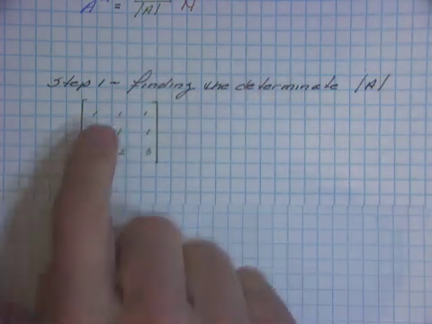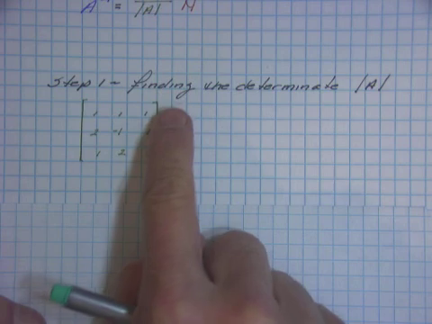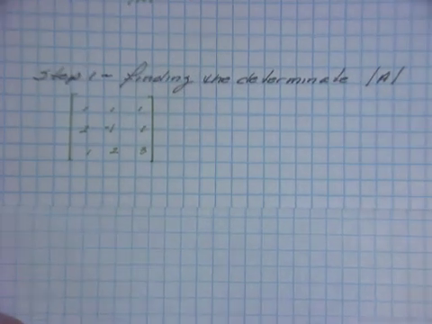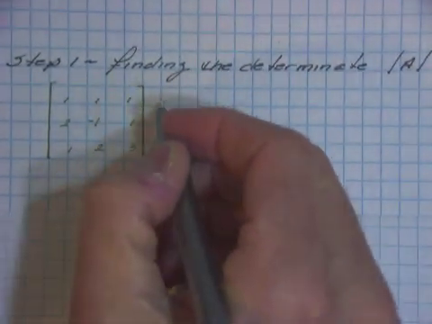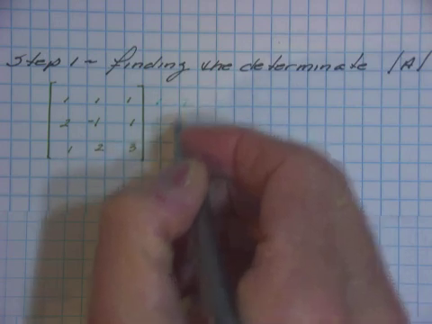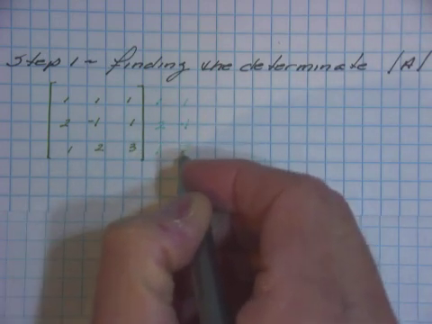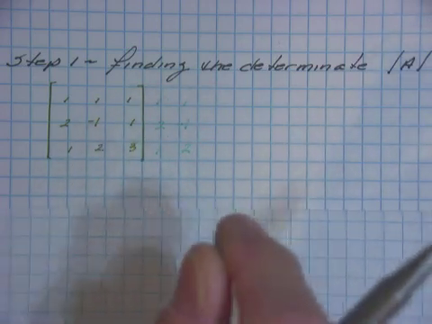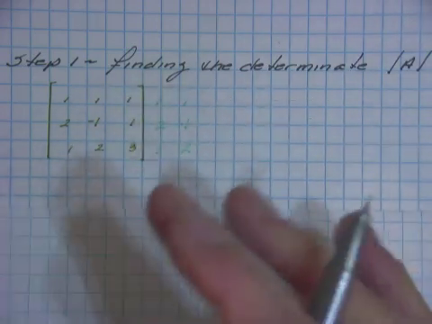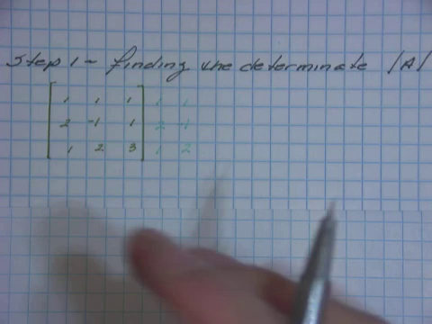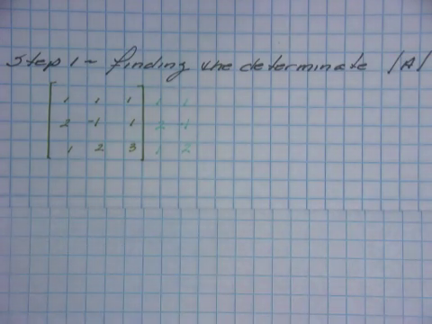Now, this is kind of an odd thing, but I'm going to repeat these first 2 columns to the right: 1, 1, 2, negative 1, and 1, 2. Do you remember all the diagonals we were doing earlier?